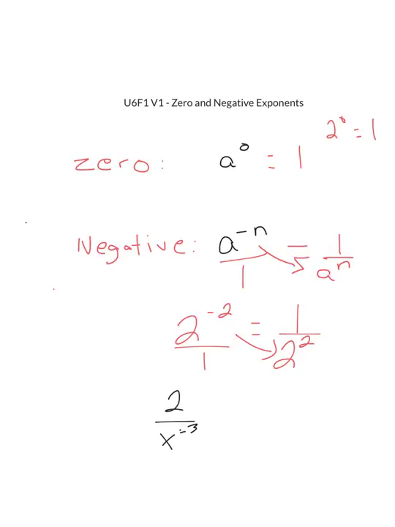So same thing, we want to move the negative exponent, but this time we're going to move it up. So it's going to go with the 2x to the third over 1, because there's nothing left. If I move that up to the top, there's nothing left, so I have to put a 1, or I simplify it to 2x to the third.